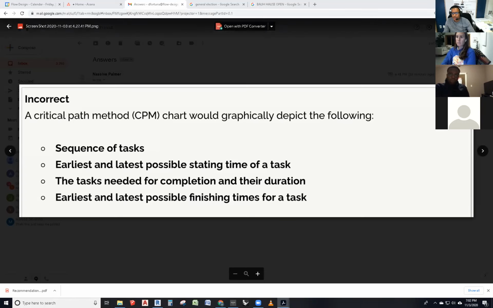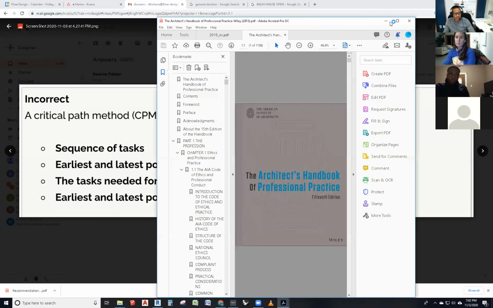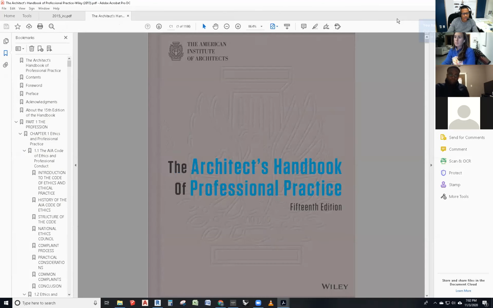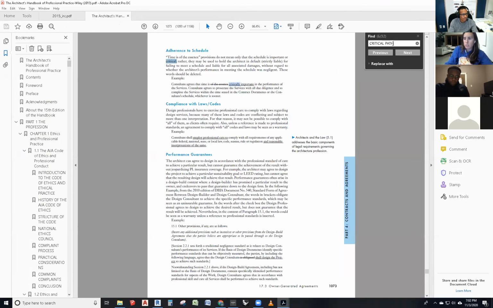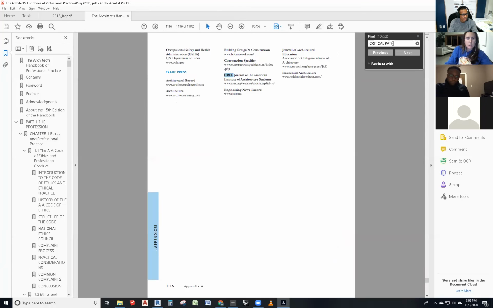Maybe I'm gonna open the handbook of professional practice real quick and see what kind of diagrams they show for the critical path. They just show one on page 632, but it's a Gantt chart.